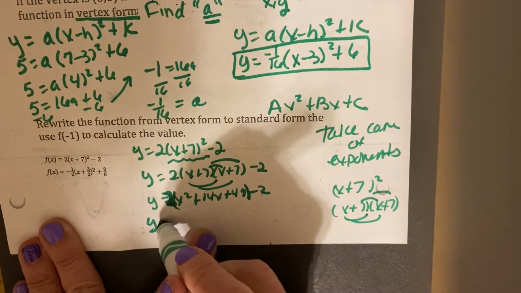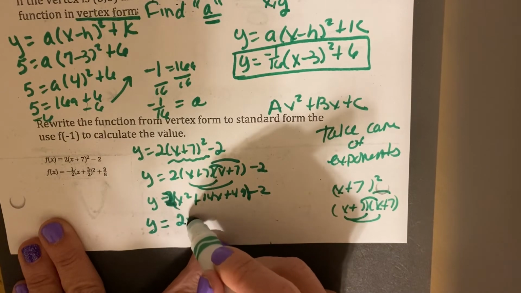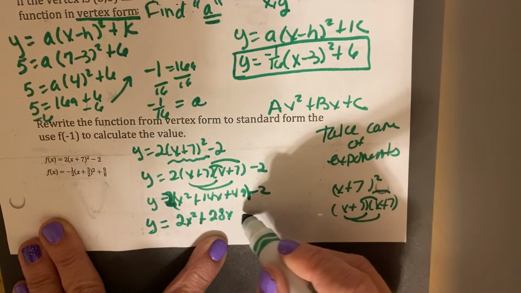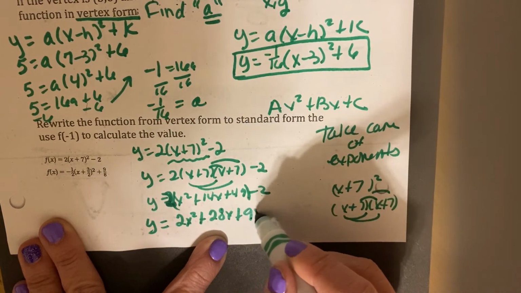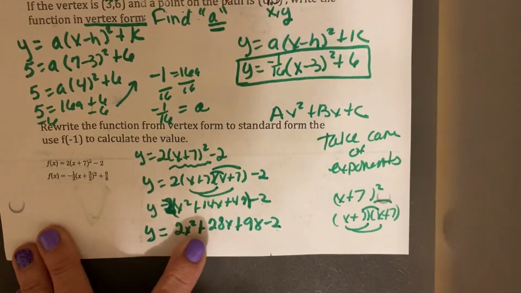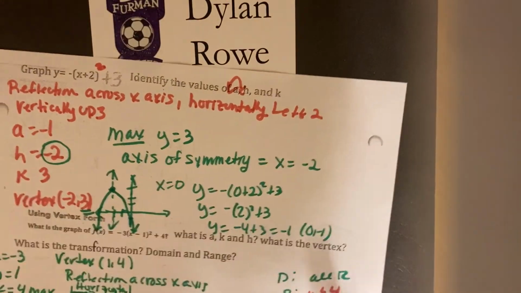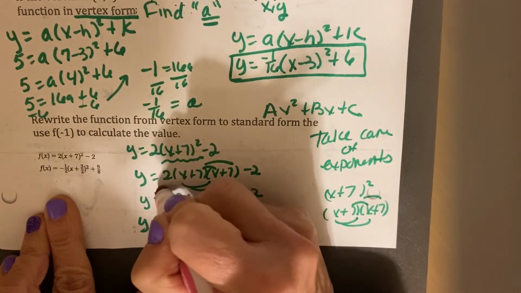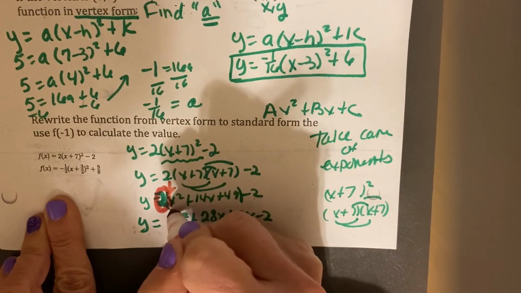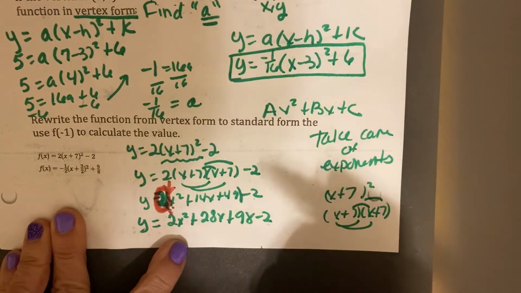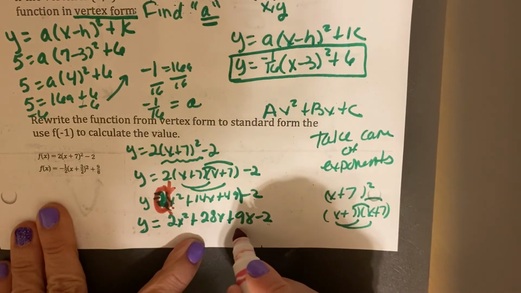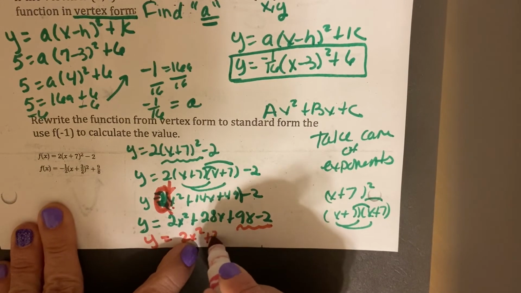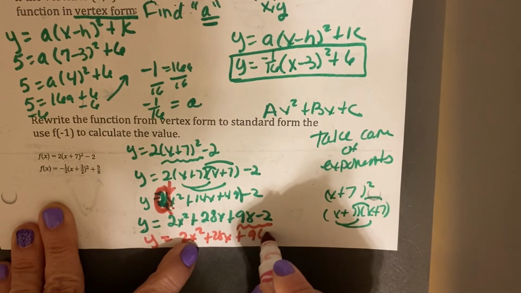So then I have y is equal to 2x squared plus 28x, and then 2 times 49 is a positive 98, minus 2. Do not forget to multiply by this 2 right here. Make sure that you're carrying it all down. So then you want to go in, combine your like terms, and y is equal to 2x squared plus 28x plus 96.